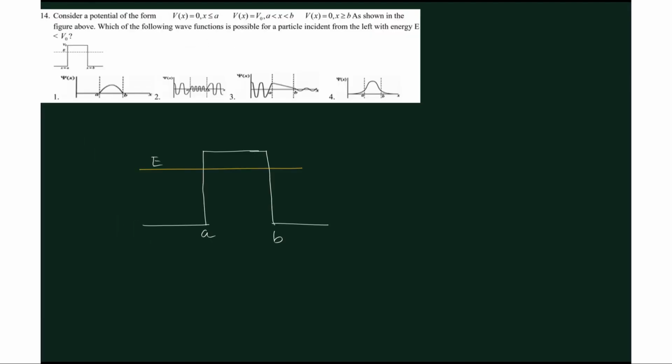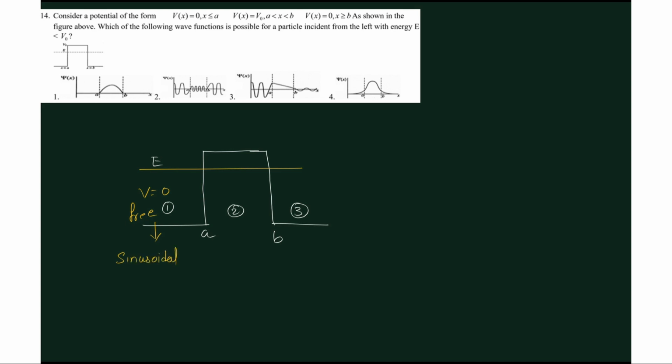In this, the potential is given, and they are asking which of the following is the valid wave function in the regions, that means in the first region, the second region as well as the third region. First let us find the potentials. In the first region the potential is 0, it's a free particle, so the solution is sinusoidal.